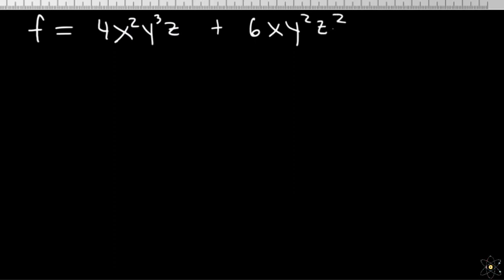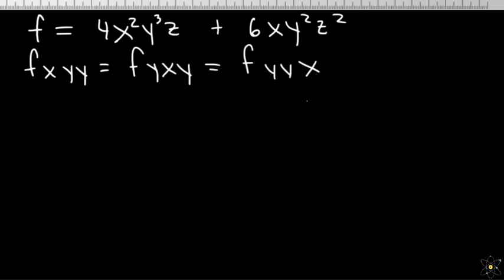Now let's say that f is 4x squared y cubed z plus 6x y squared z squared. And let's show that f of x y y is equal to f of y x y, and let's show that's equal to f y y x. So first, let's find fx.